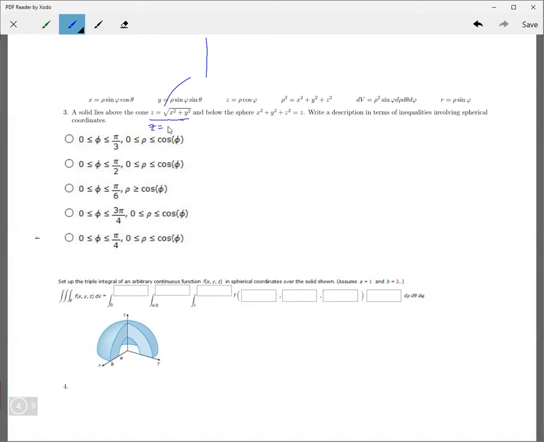Well, you know, this is z equals r, but we're not doing cylindrical coordinates, so we're not allowed to do that. But you can get it in terms of just phi. Okay, so the equation of the cone is phi equals pi over 4.